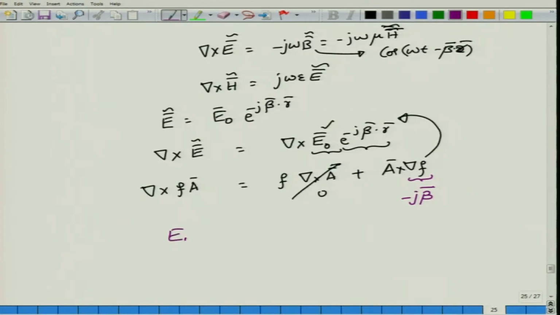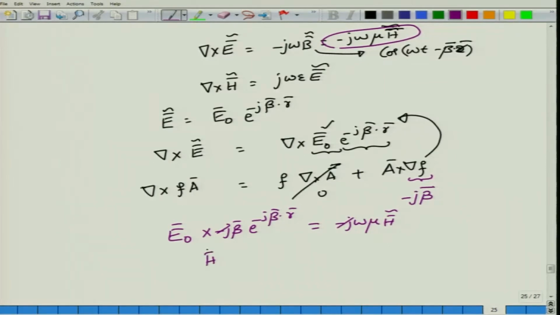I can go back and substitute for A, which is E0 in this case, cross minus j beta. This is a vector, still associated with the phase factor e power minus j beta dot r. This should then be equal to, from the first equation, minus j omega mu H phasor. Now minus j on both sides will cancel.